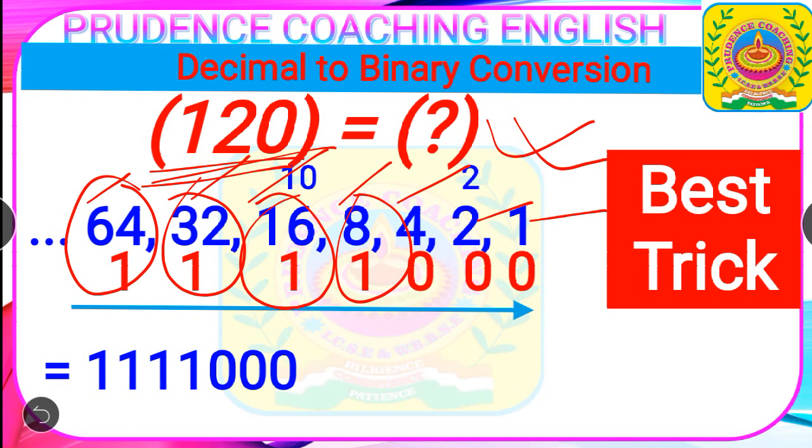So we add 1 against those numbers which give the result of 120 after addition. So 64 plus 32 plus 16 plus 8 gives us 120. So we'll write 1 against those numbers, and those numbers which are not giving the result of 120, we will write 0 against them. So 0 0 0. So our final answer is 1111000.